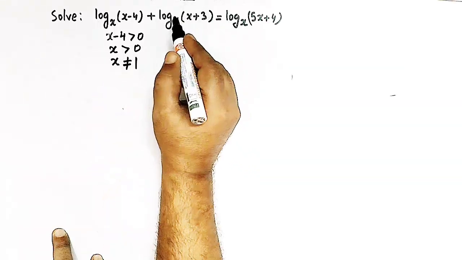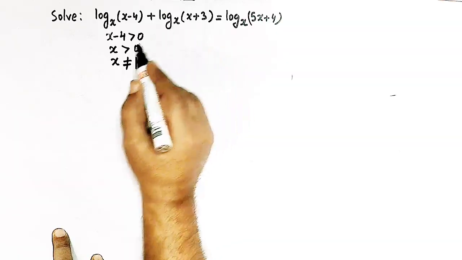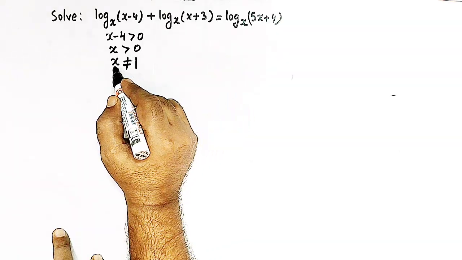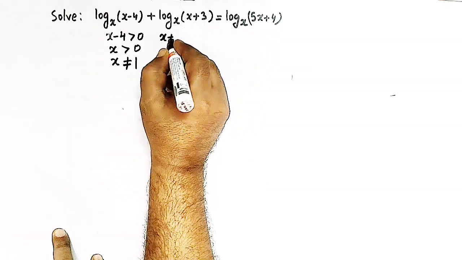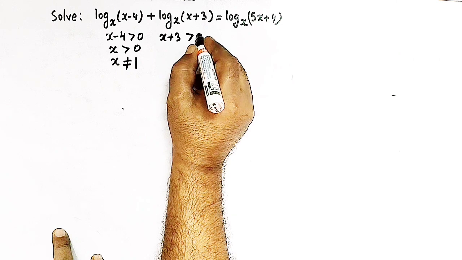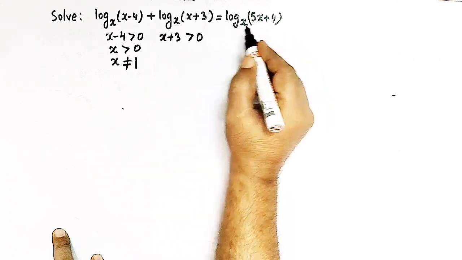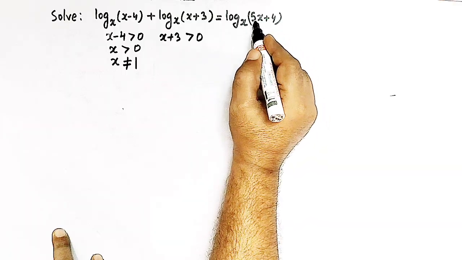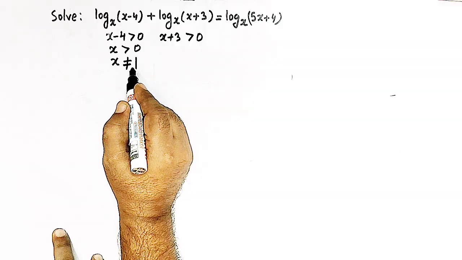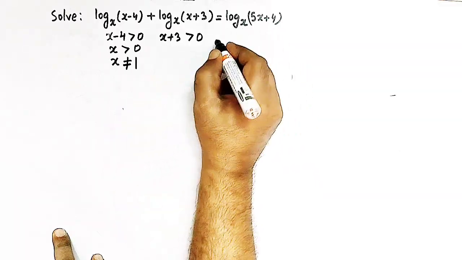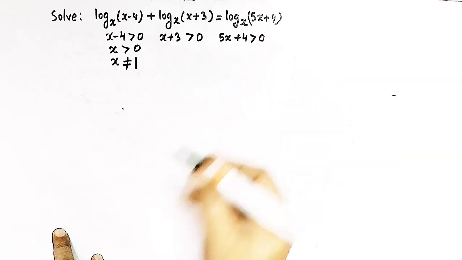And here we have a log of x plus 3 to the base x, right? So x should be greater than 0 and x cannot be equal to 1, and moreover here we must have x plus 3 greater than 0, and here we have a logarithm of 5x plus 4 to the base x, right? So here x should be greater than 0 and x should not be equal to 1, and here we should have 5x plus 4 greater than 0, right?